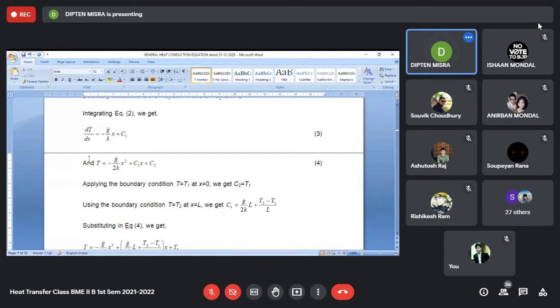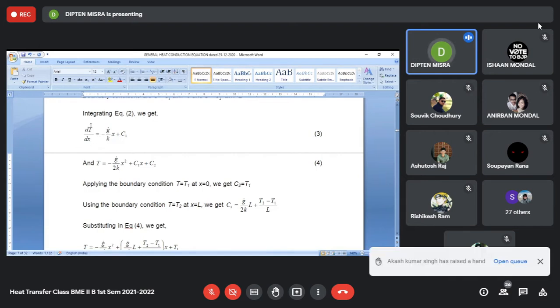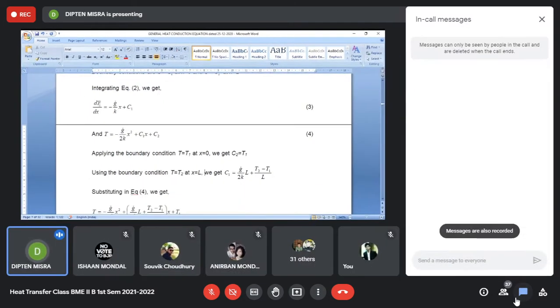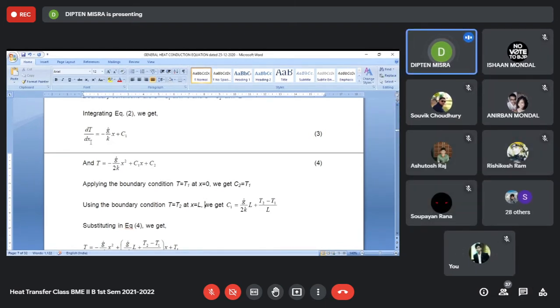So what we get is the heat flux along x. Now if we put the value of the coordinate of the wall, what is the coordinate of the wall? The wall has a coordinate of x equal to 0. So if you put this, then dT dx on the left hand side will be equal to simply the value of c1.